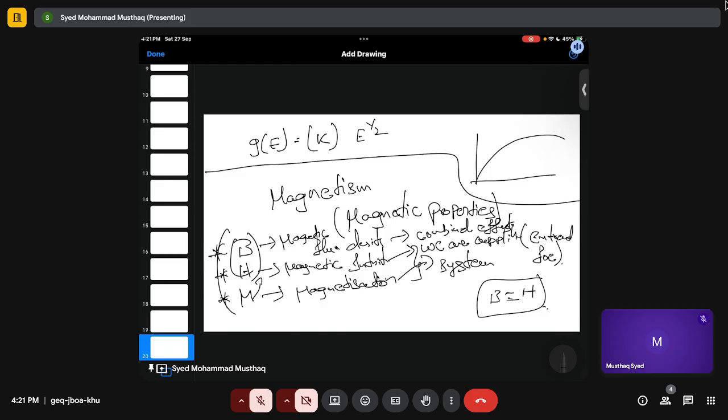And even when you're talking about magnetic moments, you do not use H, we use B. And the magnetic moments come from the spins and the orbital magnetic moments.